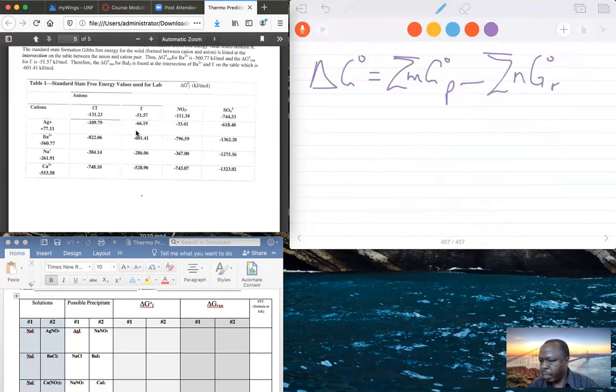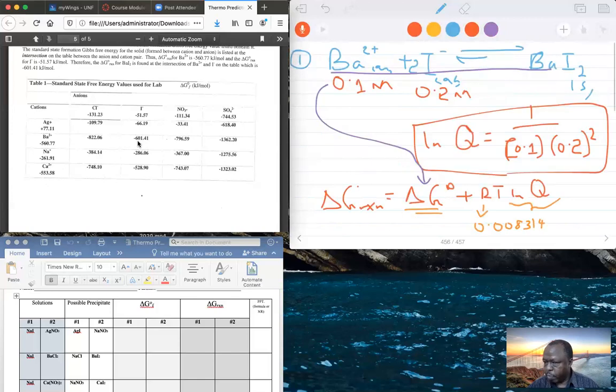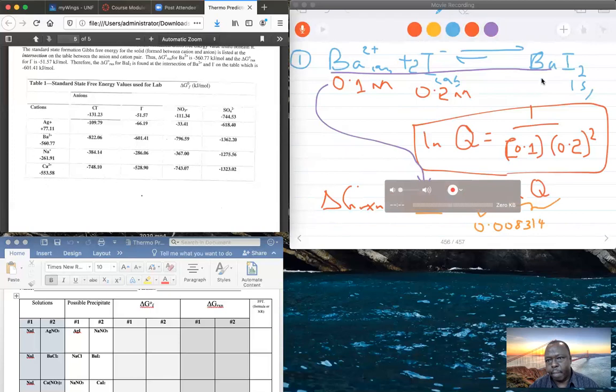You see where I'm looking at barium iodide, this is negative 601.41, remember it's in kilojoules. The coefficient was 1 here for barium iodide.